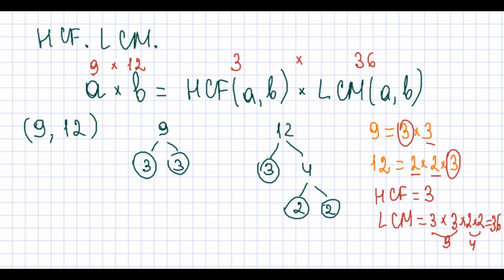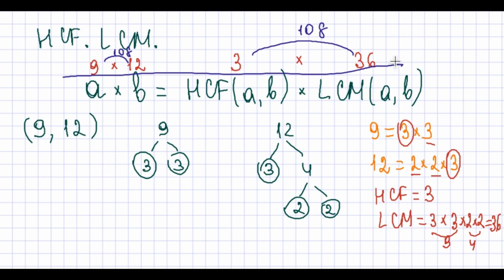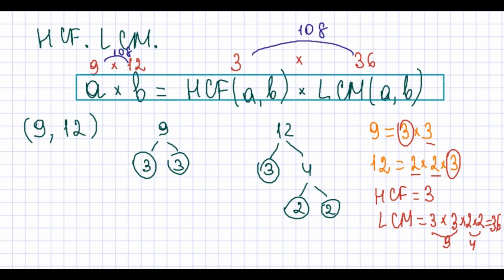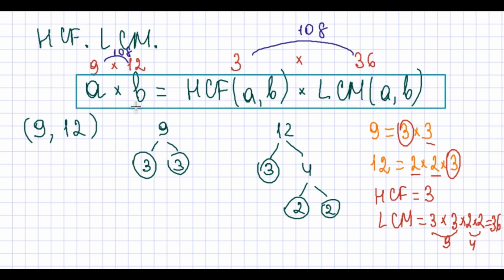We see that 9 times 12 is 108. 3 times 36 is 108. Okay, so this is our formula: A times B is the same as the product of their HCF and LCM.